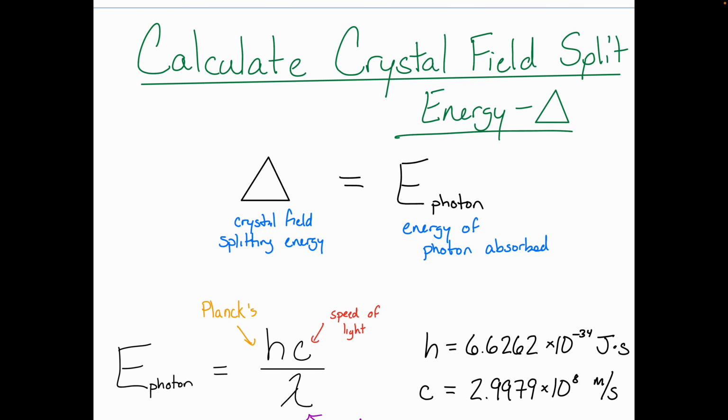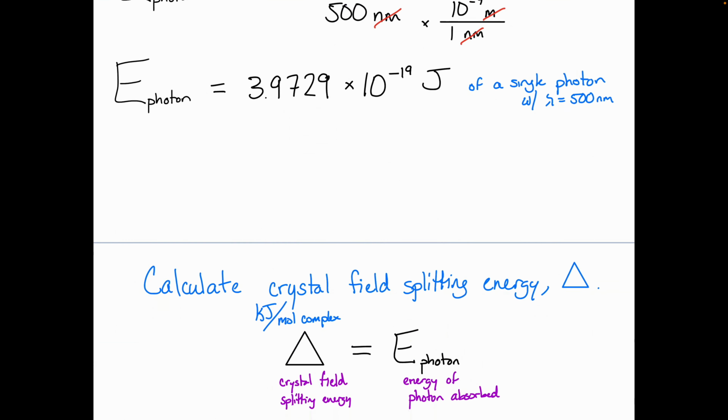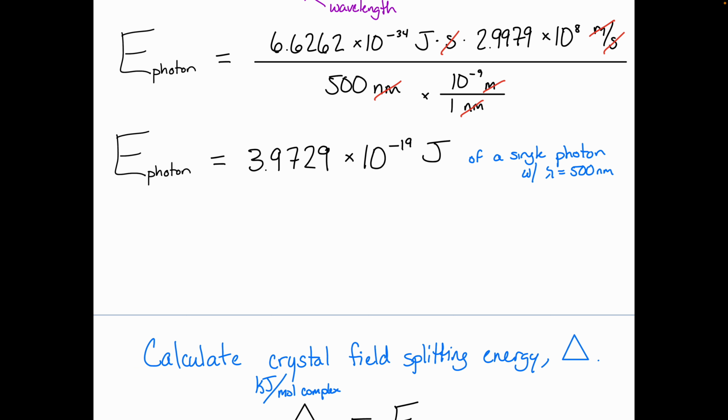All right, well, when we report our crystal field splitting energy, we're going to do so in terms of kilojoules per mole of our complex. All right, so we're going to take this value here, our energy of our photon, and we're going to do a little bit more work to it.